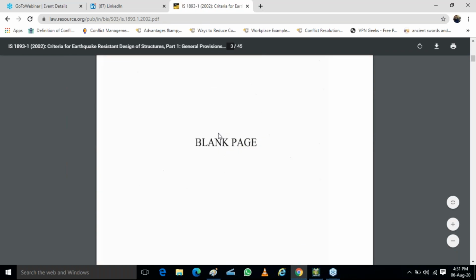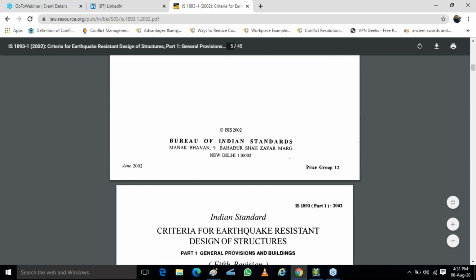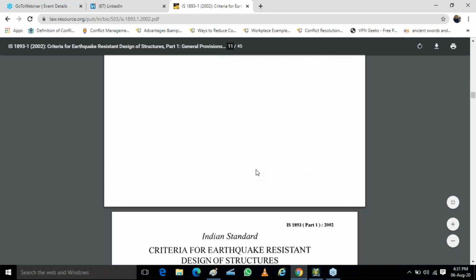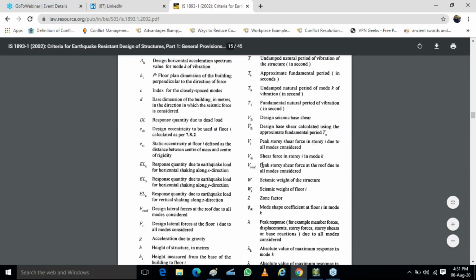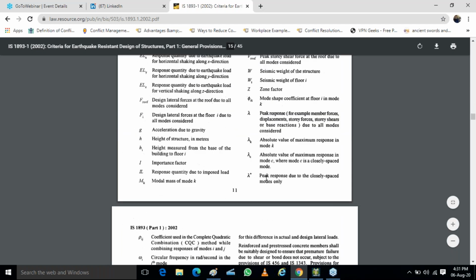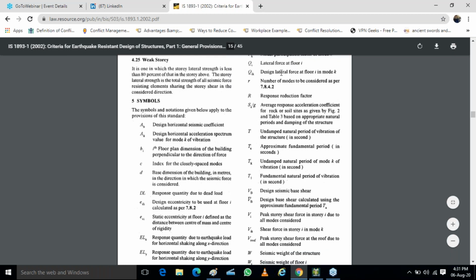So for defining those, I need some values like VB upon B, which is in clause 7.8.2. Then there is the AH value, which is in 7.8.4.2. QIK formula I told you yesterday: the design lateral force at floor I in mode K. Okay, this is QIK, what we have to find out.